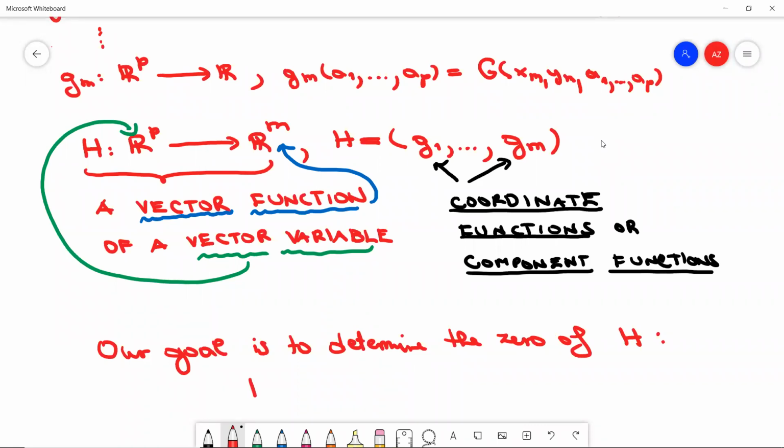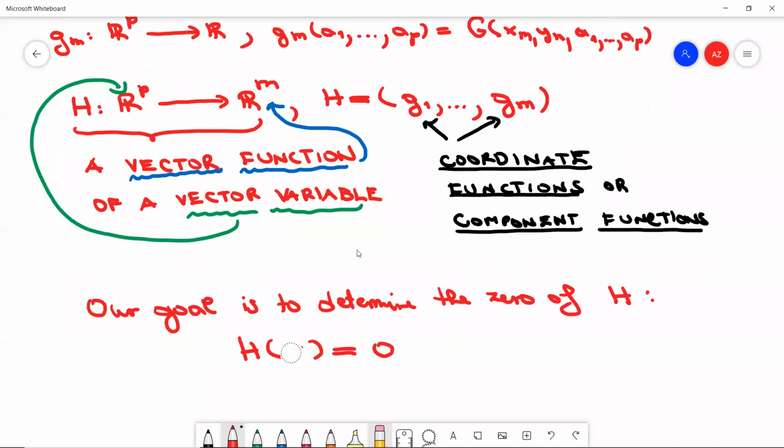So we are solving h of x is equal to 0. Or, not to confuse you, let's say h of a is equal to 0. So this a is a tuple of unknowns, and this 0 is in fact a tuple of zeros, m of them.